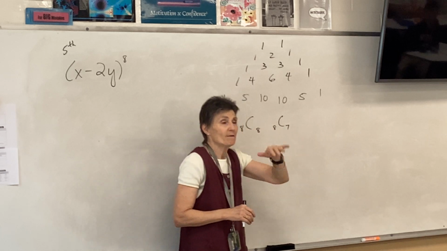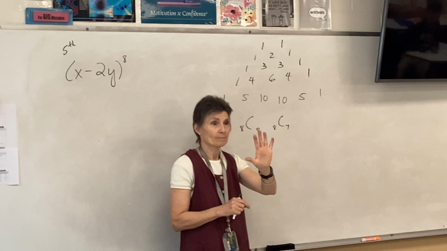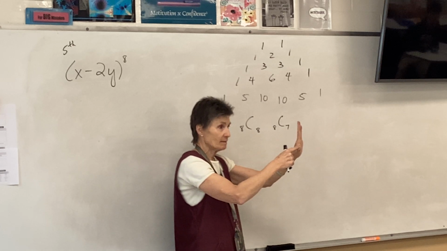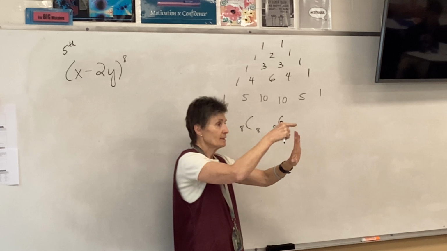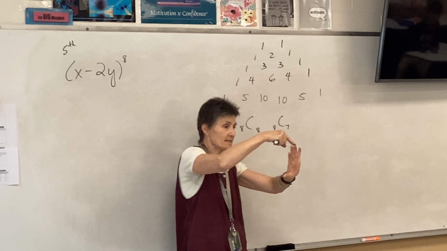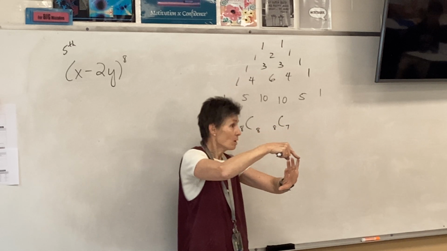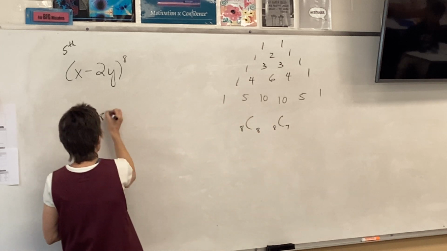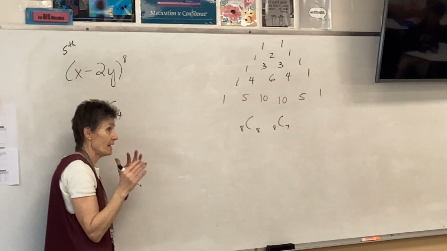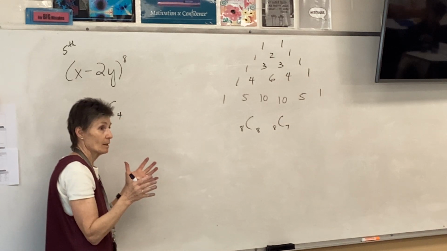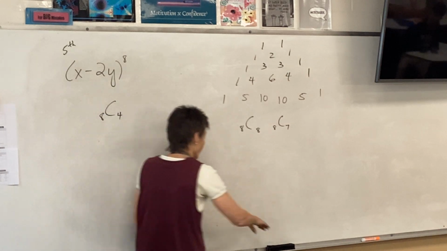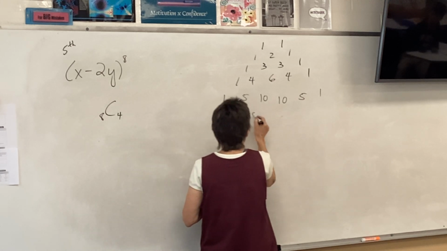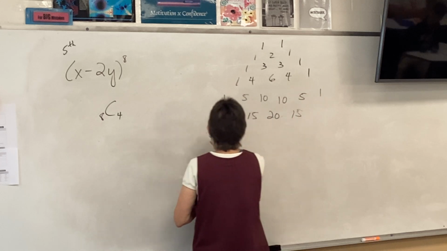So if I want the 5th term, I know the first term is 8C8, 8C7, 8C6, 8C5, 8C4. So that number, if I want, I can just find on my calculator 8C4. Okay? So you figure that out. And while you're doing that, I'm going to show you that it absolutely is true.